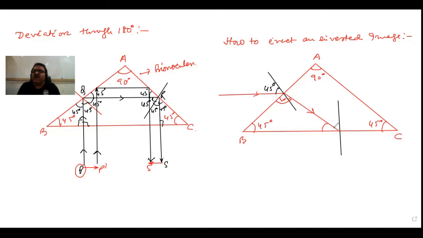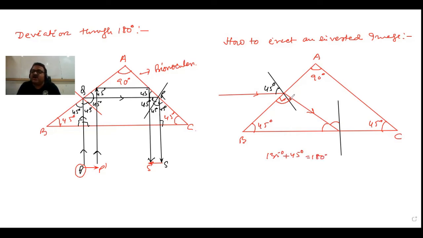Clear? Now what will happen with this ray? What will be the angle here? That's a very important question. You can do this calculation. Now this is 45. This is what? Any angle less than 135. So if it is 135, then 135 plus 45 is what? 180.